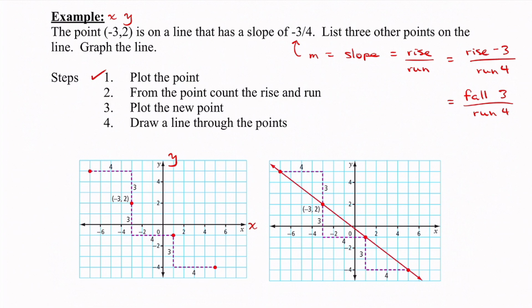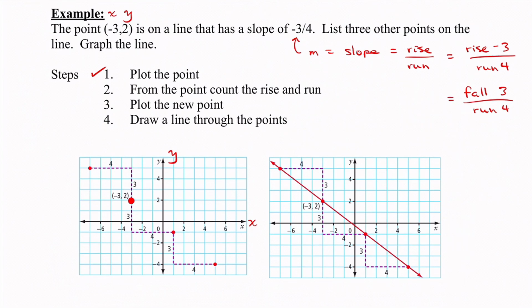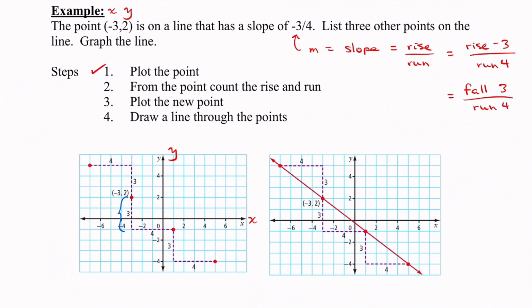Step 2, we're going to count the rise and the run. We've gotten our point right here. Our rise was actually a fall of 3, so we're going to go down 1, 2, 3, and then we're going to run 4: 1, 2, 3, 4. So that was rise -3, and then we ran over 4.